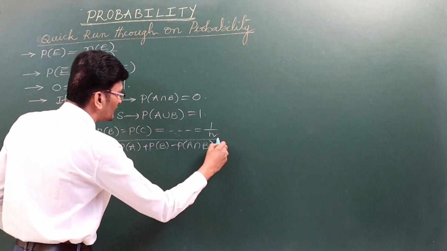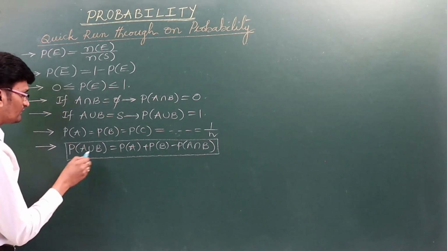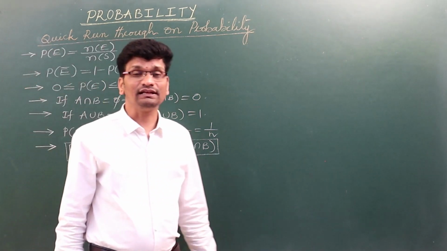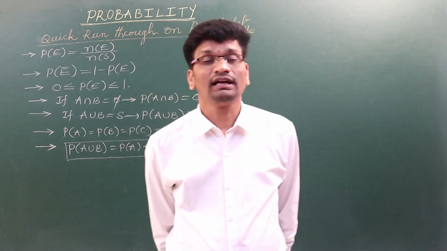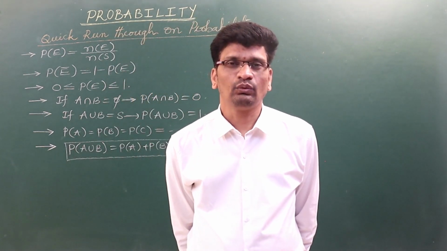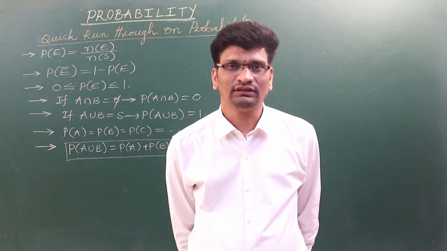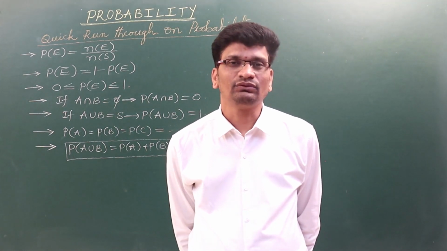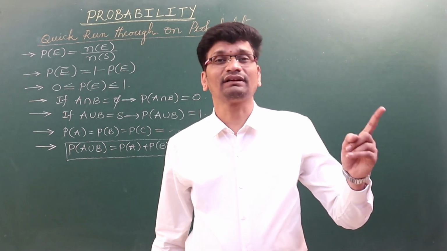We use the addition theorem when the data contains either A or B, at least one of them. To use it, we have to take the two events A and B.